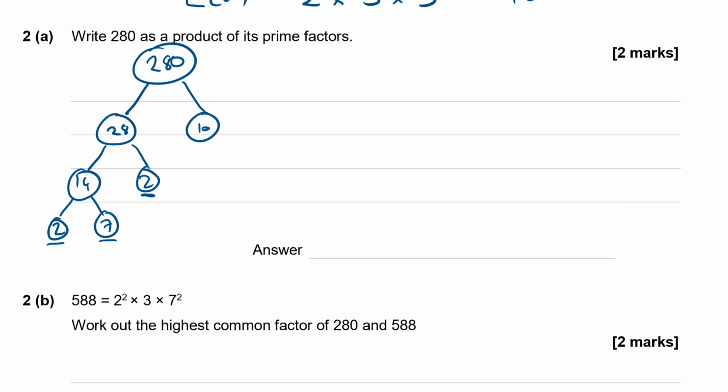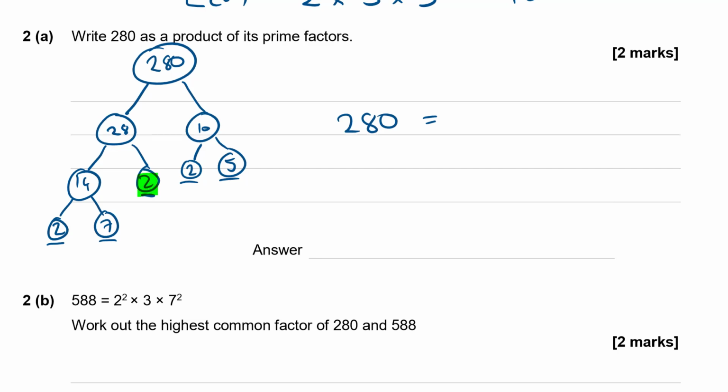Let's just follow down the other branch. 10 is 2 times 5, so I'm just going to write 2 and 5 there. They're both prime, so I can stop on those. So 280 written as a product of its prime factors is all those terminating leaves written one after the other.